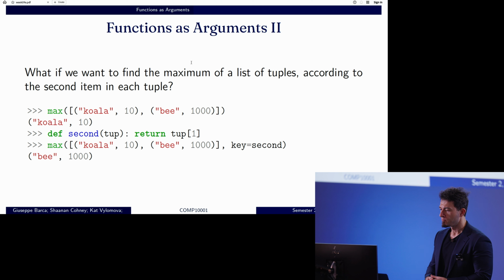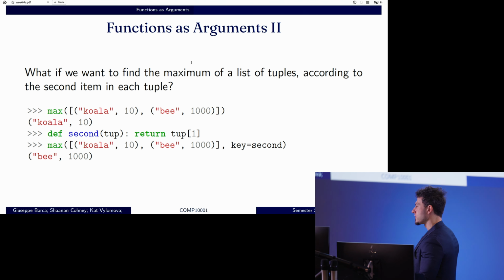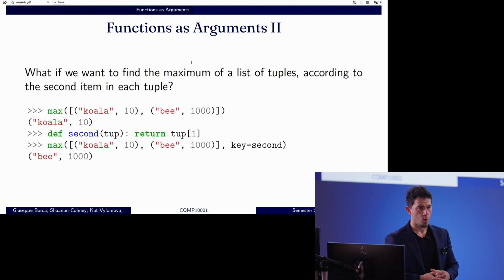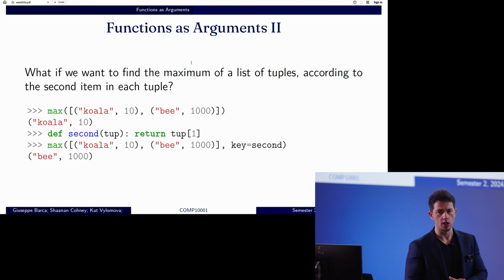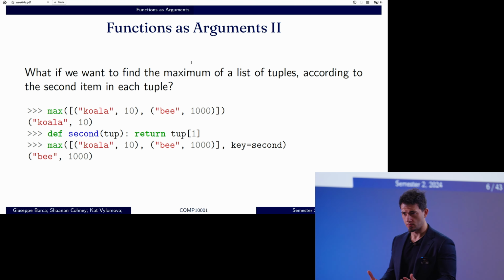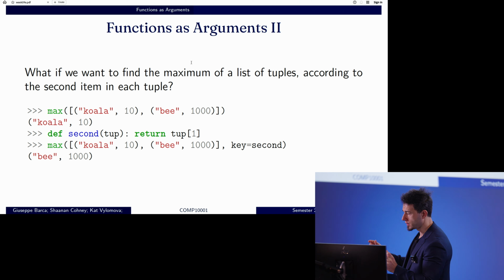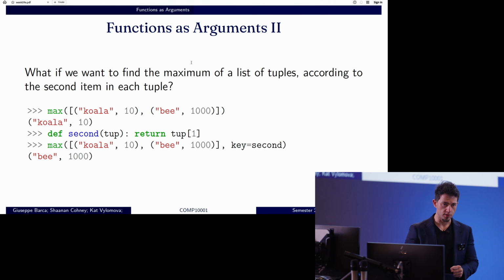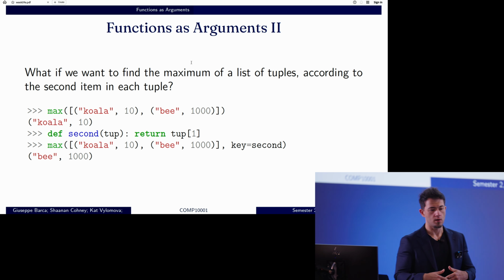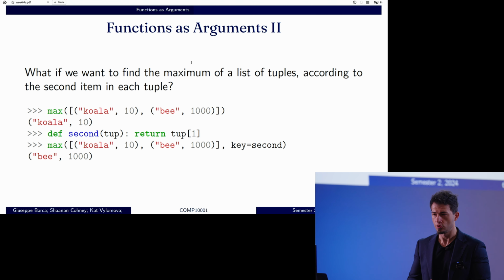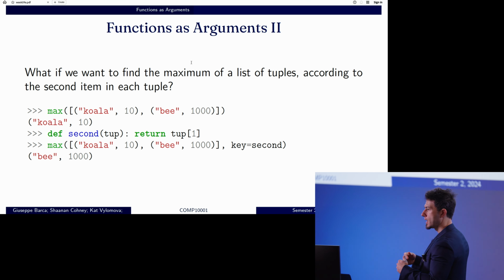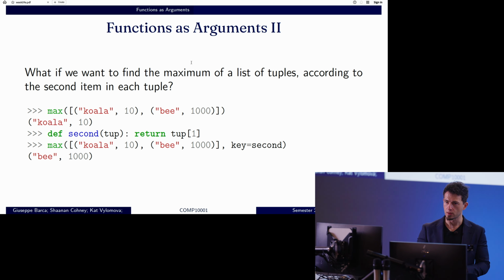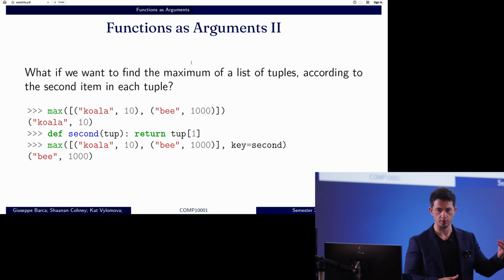Okay. Now, obviously, if we use max on this list, it is going to return the tuple whose first element is the string that, according to the Unicode points, has the highest Unicode points, in a character-by-character comparison with the other strings.